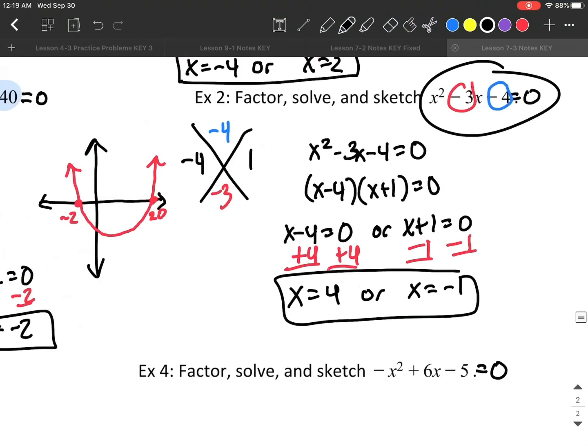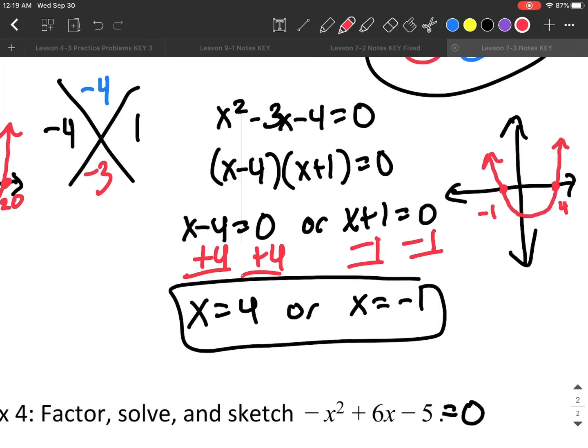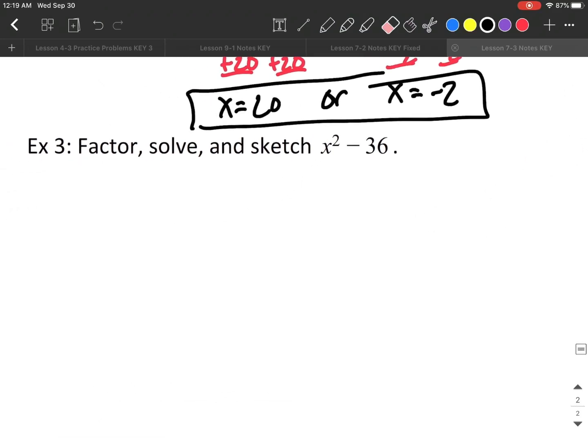And then to sketch the graph, I know 4 is an x-intercept, and so is negative 1. And then I connect them in an upwards U shape because, again, I have a positive coefficient for x squared.